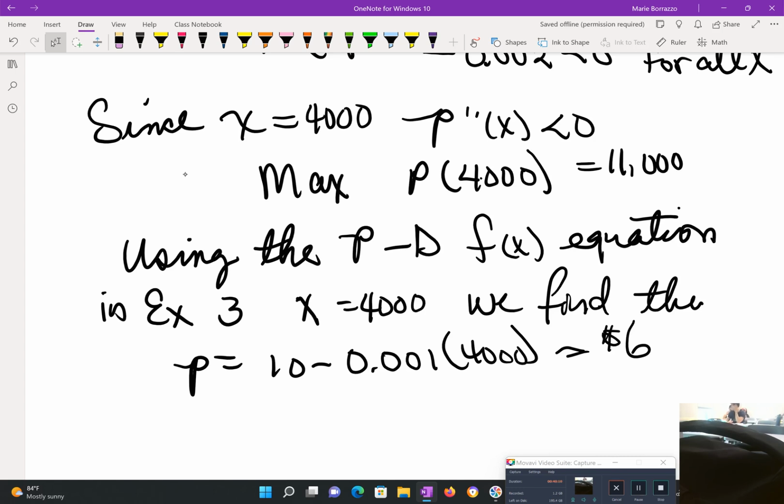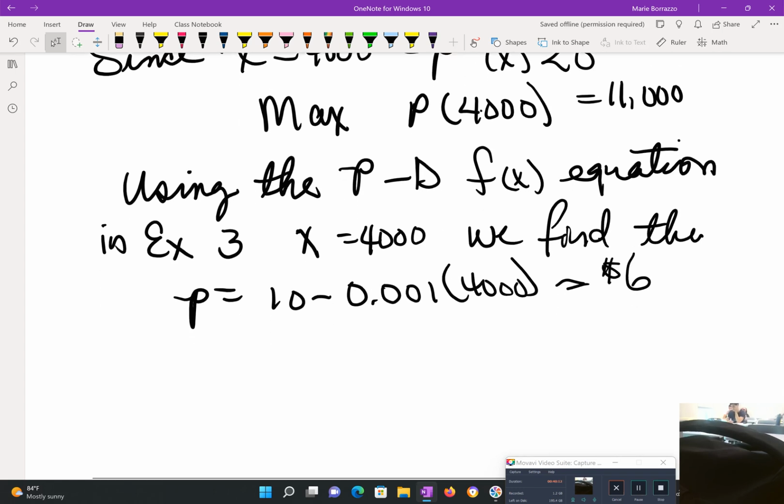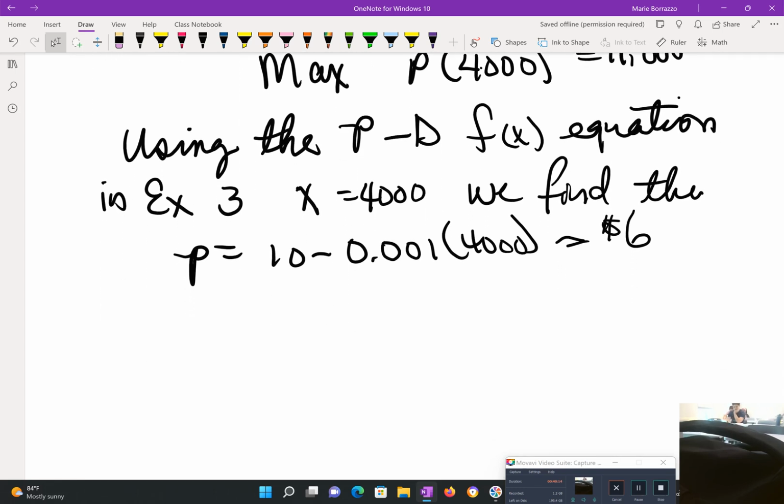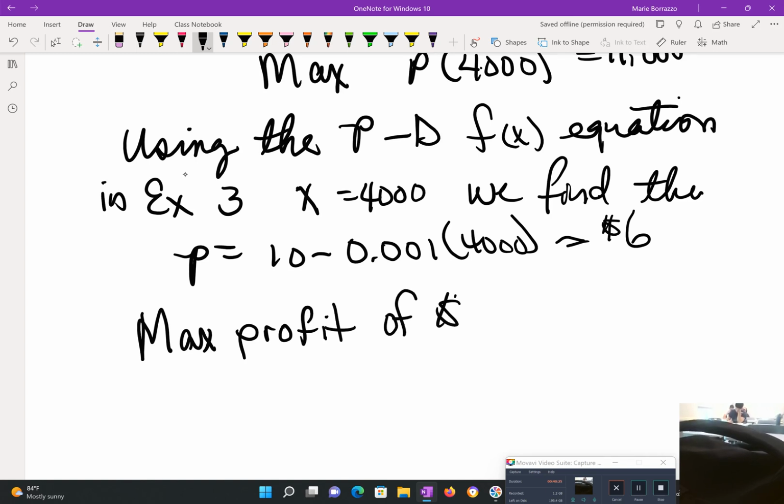So based on this, we realize a max profit. Just to restate, the max profit is, as we denoted, 11,000, when 4,000 markers are sold at $6.